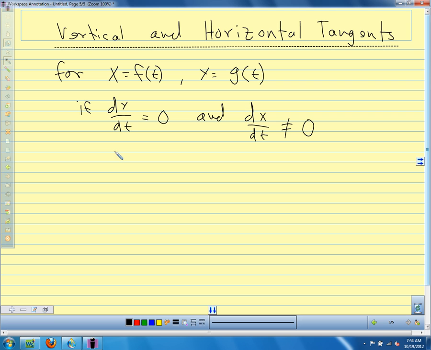This is going to give us a horizontal tangent line. So our curve is not changing in the vertical direction, and the derivative in the horizontal direction is not 0. This gives us a horizontal tangent line.